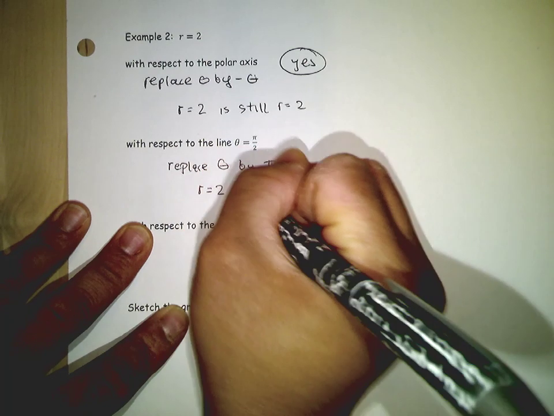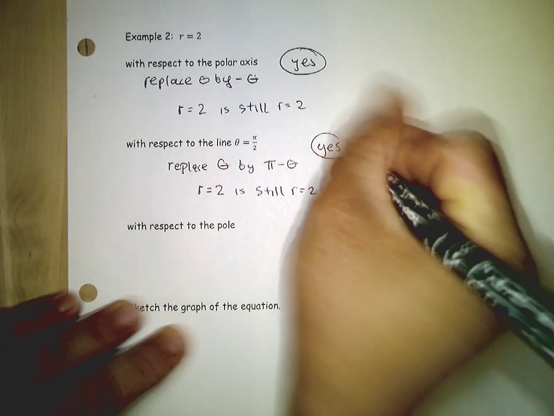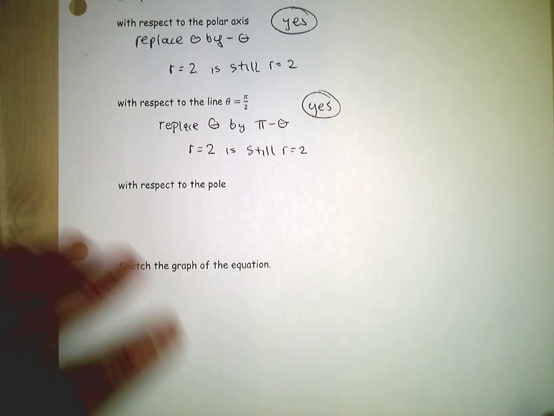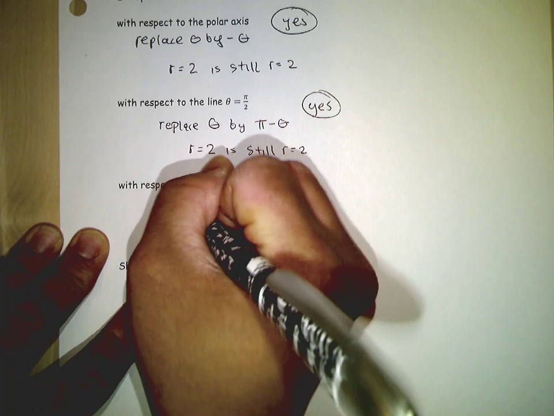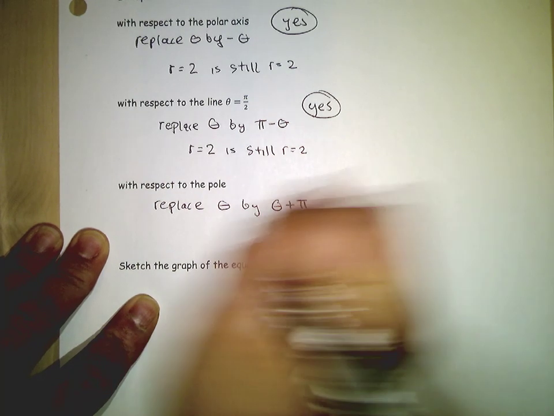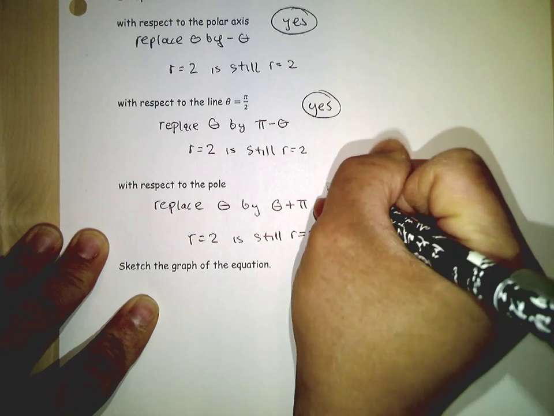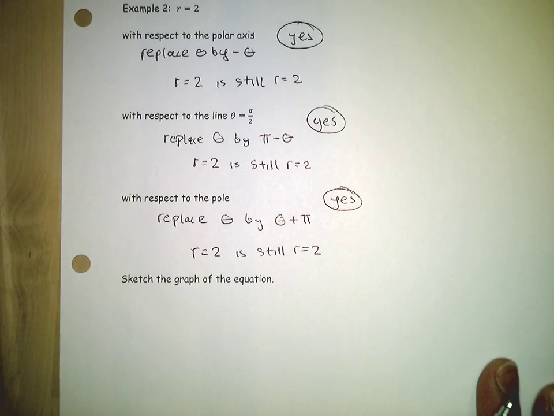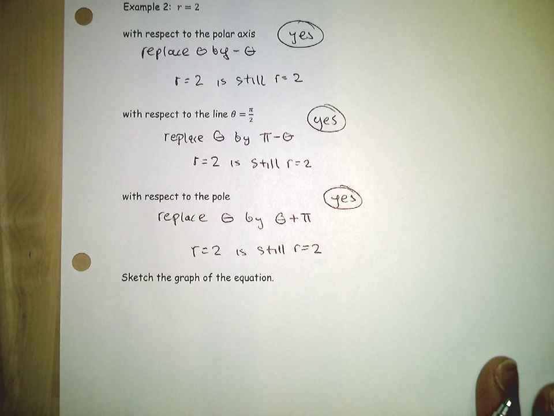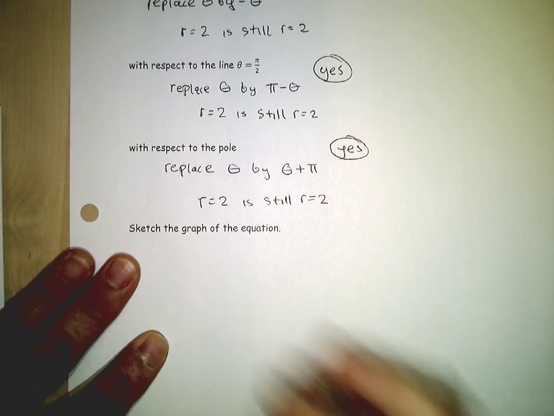Well, r equals 2 is still r equals 2, so yes. And is there symmetry with respect to the pole? Well, let's replace theta by theta plus pi. Well, r equals 2 is still r equals 2. So r equals 2 is symmetric with respect to the polar axis, the line theta equals pi over 2, and the pole. Now let's sketch the graph of the equation.